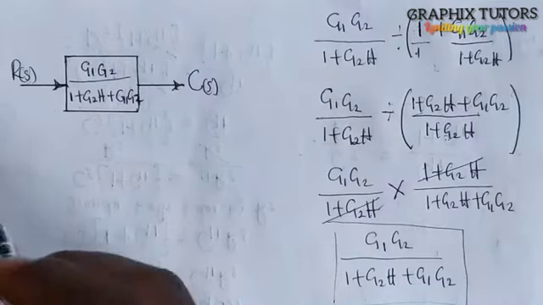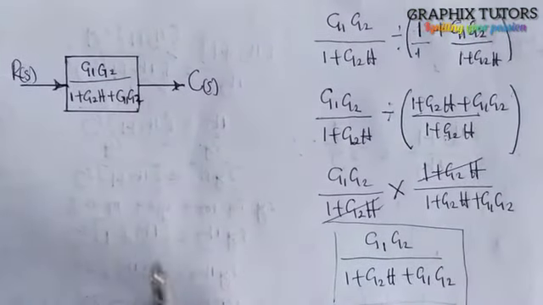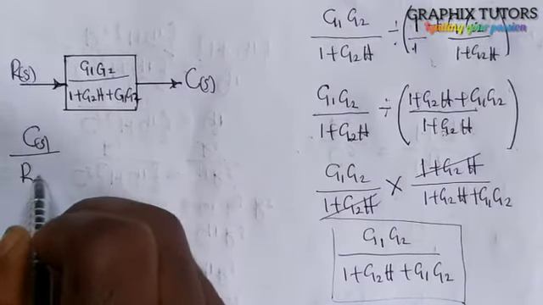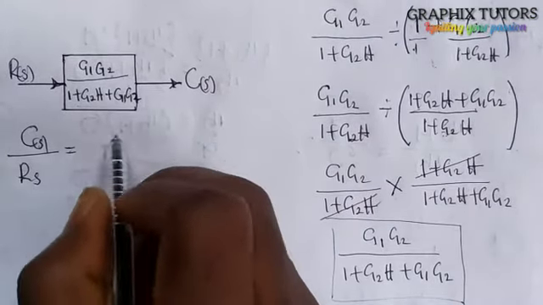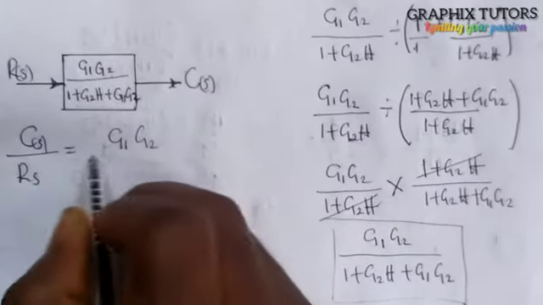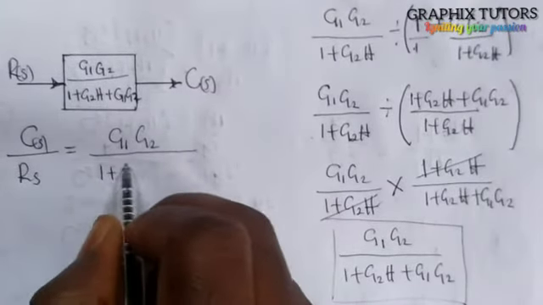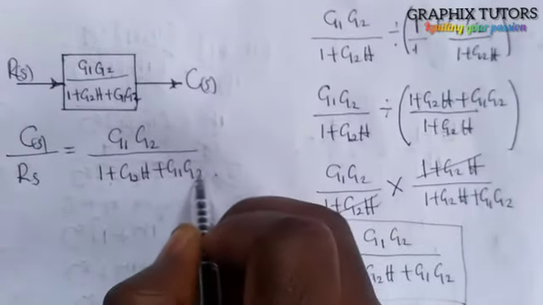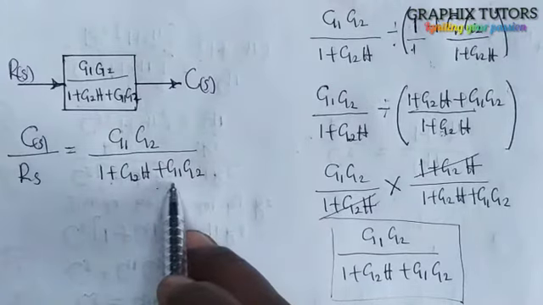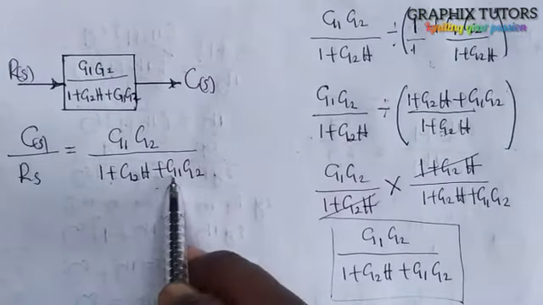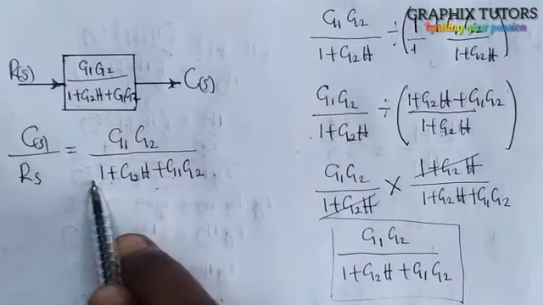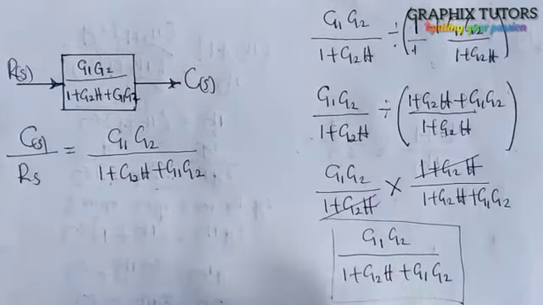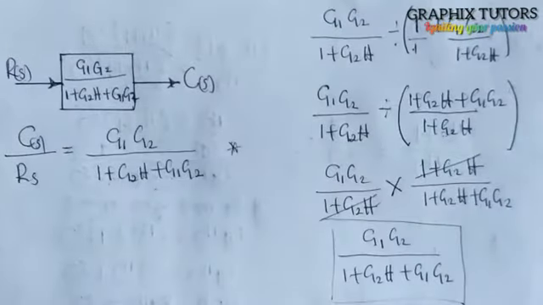So the overall transfer function is the output C(s) over the input R(s), which gives G1 G2 all over 1 plus G2H plus G1 G2. You can rearrange them anyhow you want. It can be 1 plus G1 G2 plus G2H, because addition is associative. So this is one way of doing it.